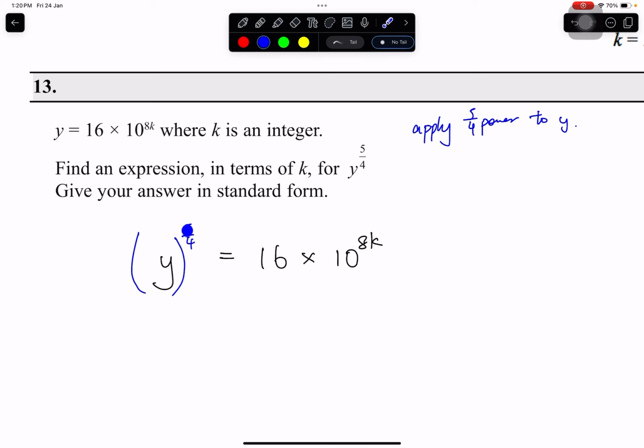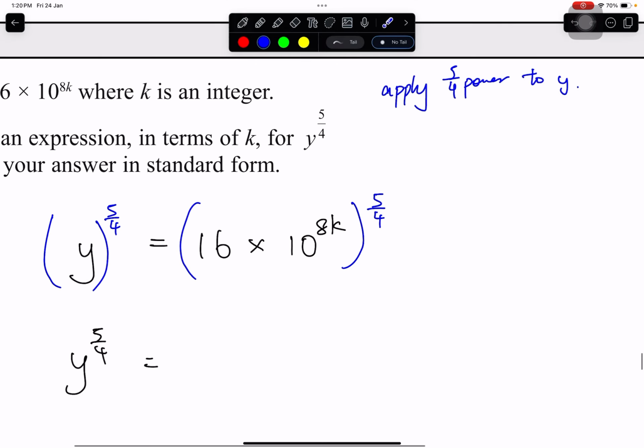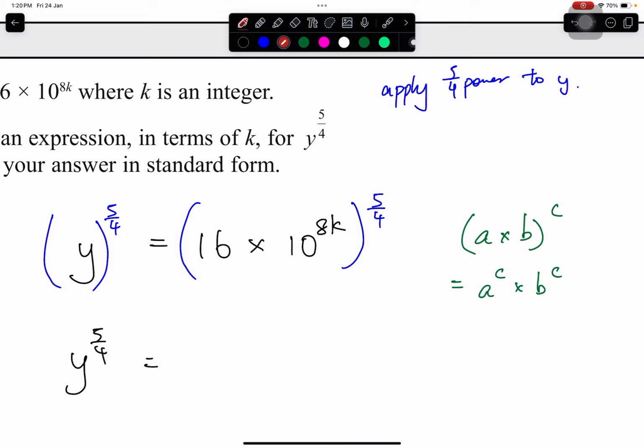So if we want to take the power of 5 over 4 to the y, we also take the same thing on the right hand side, which is here to the power of 5 over 4, right? Okay, so now the left hand side is going to be y to the power of 5 over 4, which is the thing that we are looking for. Then how about here? Now here you will have a times b to the power of c, where we have to put the c on the a and on the b as well, because we have to distribute the power into the a and into the b.